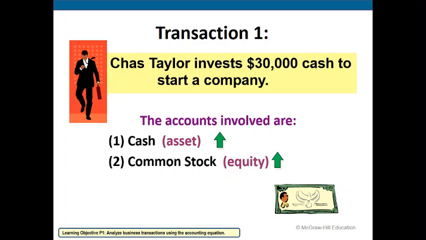All right, so after this transaction, we look at our accounting equation. You've got $30,000 on the left under assets, you got $30,000 on the right under equity. So our accounting equation is in balance after this transaction.